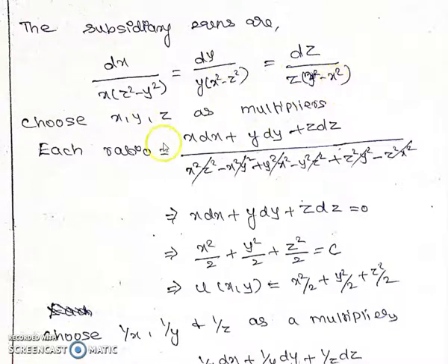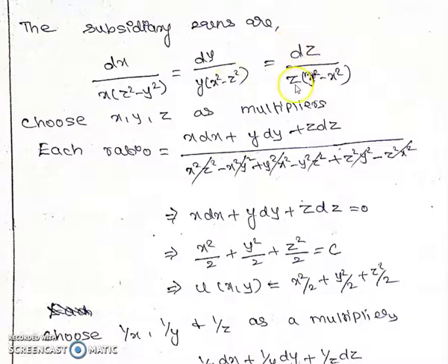So now we have to choose the multipliers as x, y, z. If you choose the multipliers x, y, z, that multiplier has to multiply the numerator as well as the denominator. So x dx, then the denominator will be x square z square minus x square y square. Then plus, here choose the multiplier as y. So y dy by y square x square minus y square z square. Then next, here choose the multiplier as z.